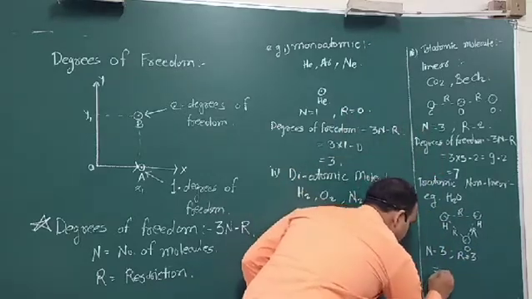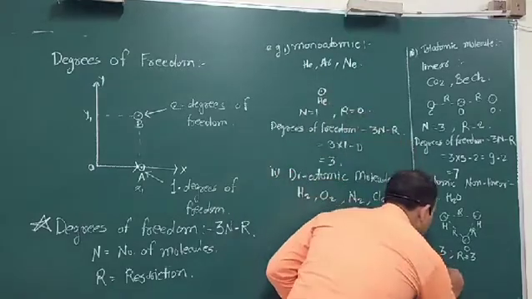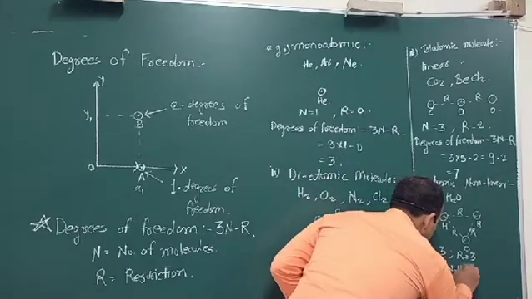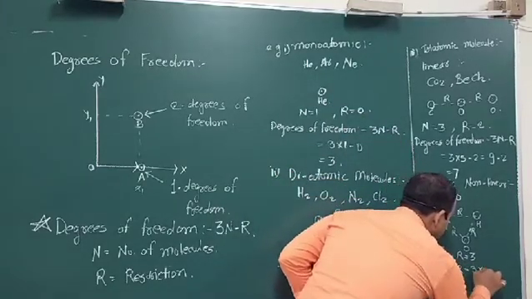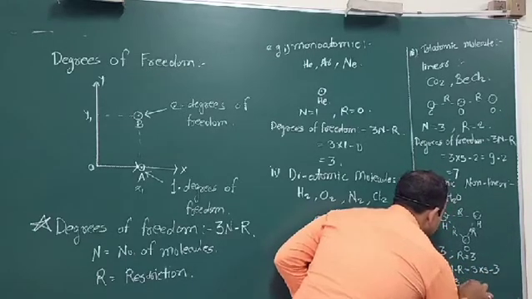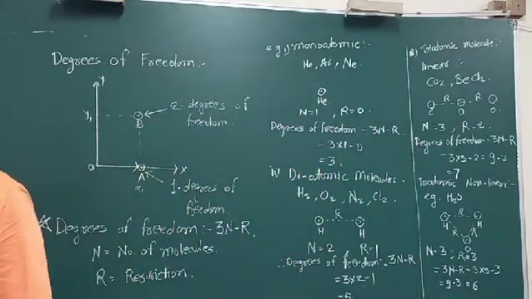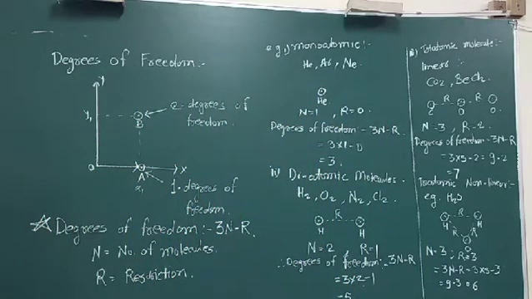So degrees of freedom is equal to 3n minus r, which is 3 into 3 minus 3. That means 9 minus 3, which is equal to 6. So the degrees of freedom for a triatomic non-linear molecule is 6.